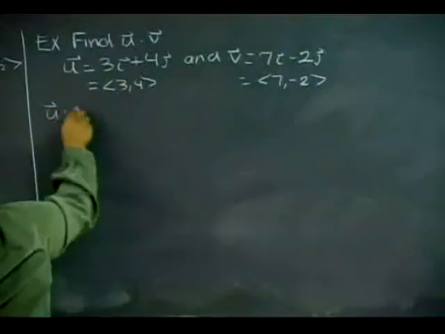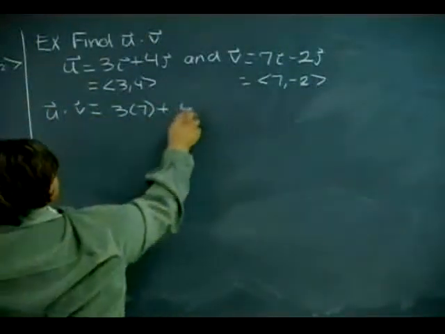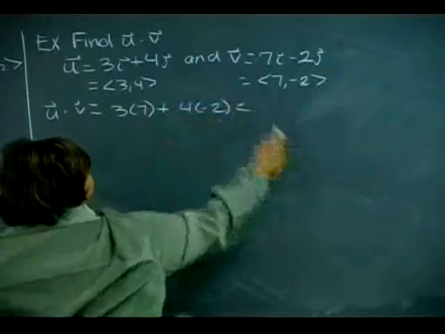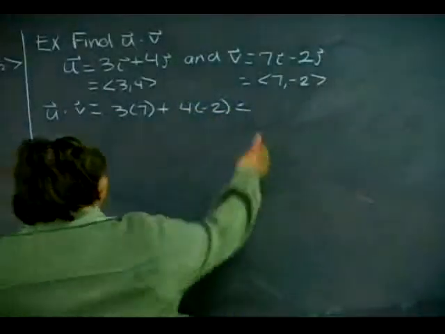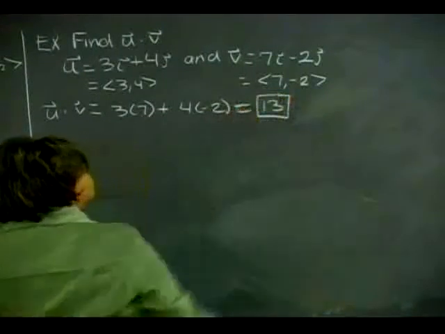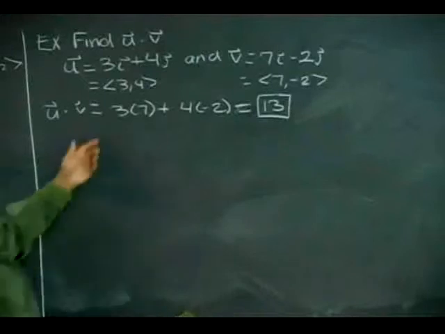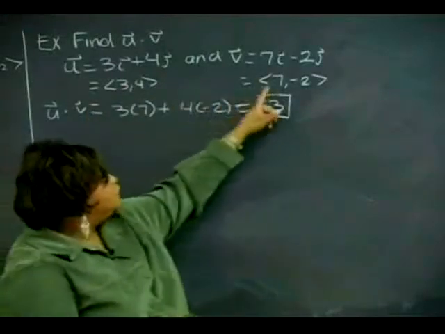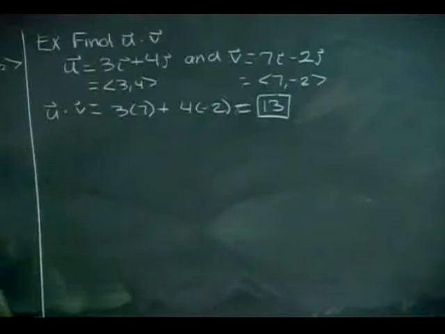So u dot v is 3 times 7 plus 4 times negative 2. So what is that? 21 minus 8, which is 13. Okay? So it's u1 times v1 plus u2 times v2. That's the dot product.